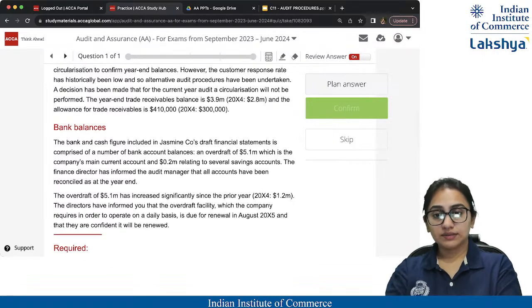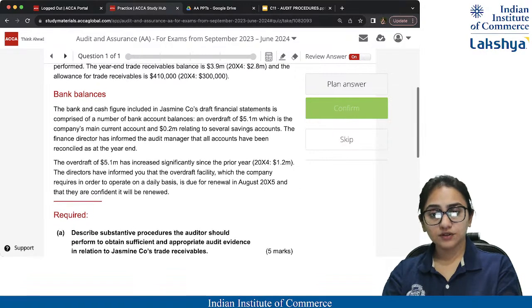Next is regarding bank balance. The bank and cash figure included in Jasmine Company's draft financial statement is comprised of a number of bank account balances. An overdraft of $5.1 million, which is the company's main current account, and $0.2 million relating to several saving accounts. The finance director has informed the audit manager that all accounts have been reconciled as at the year end.